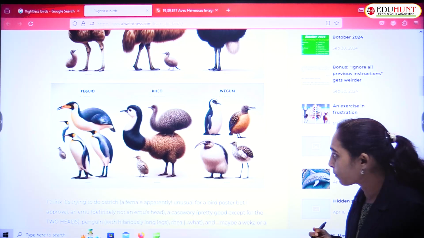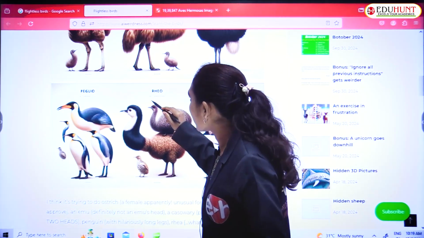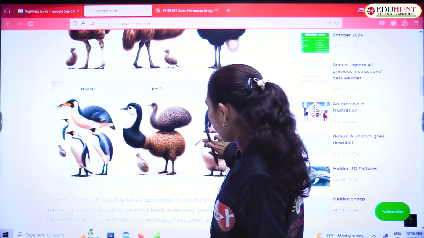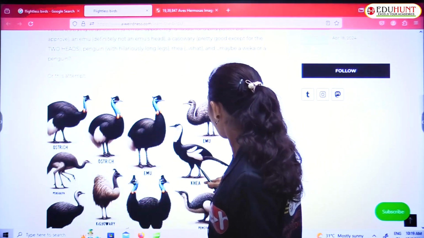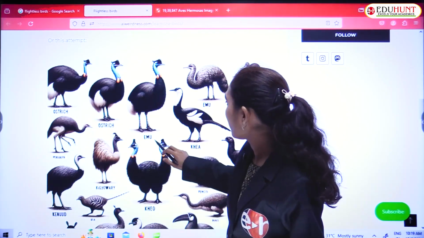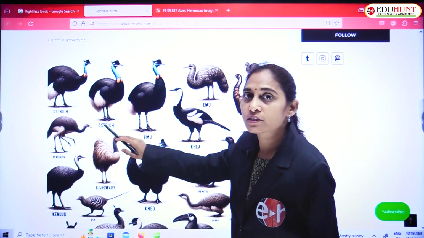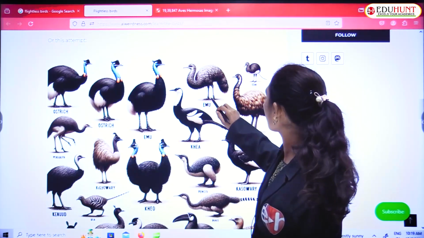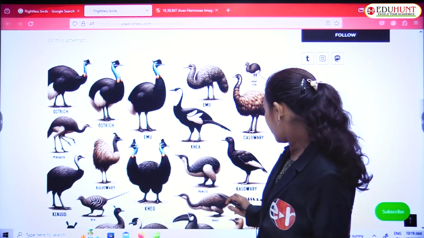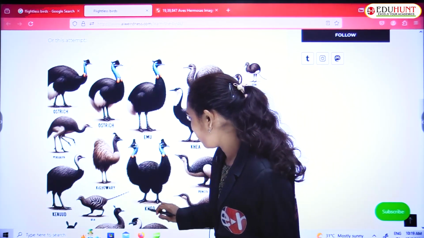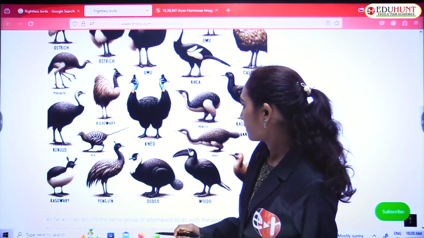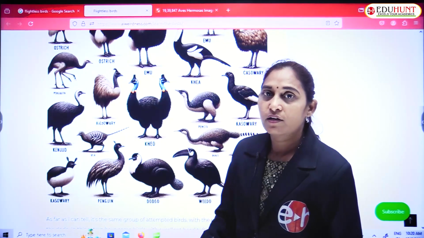Yes, I hope it is clear. It is an ostrich of one type, an emu, an emu of another type, a cassowary, a penguin, and a kiwi. These are some of the examples of flightless birds.